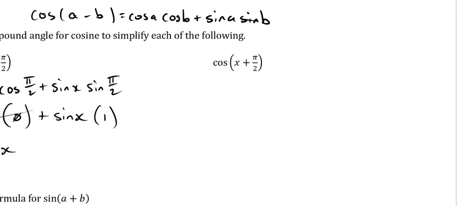Cos of x plus pi by 2. Do the same thing. I'll give you 23 seconds to do the same thing with this one if you didn't get a chance to do it with the other one.